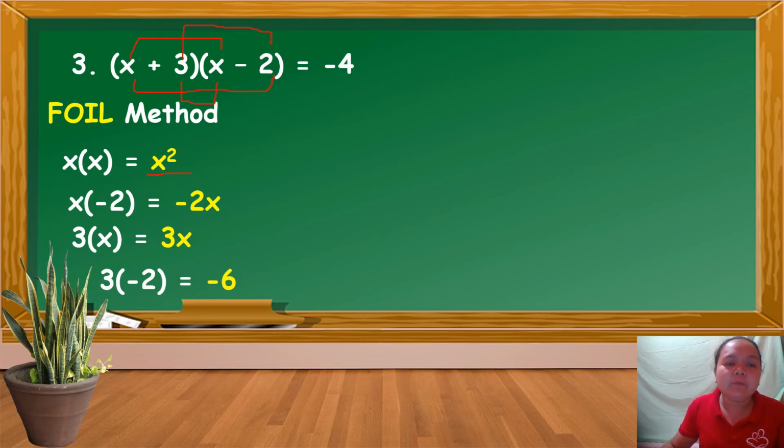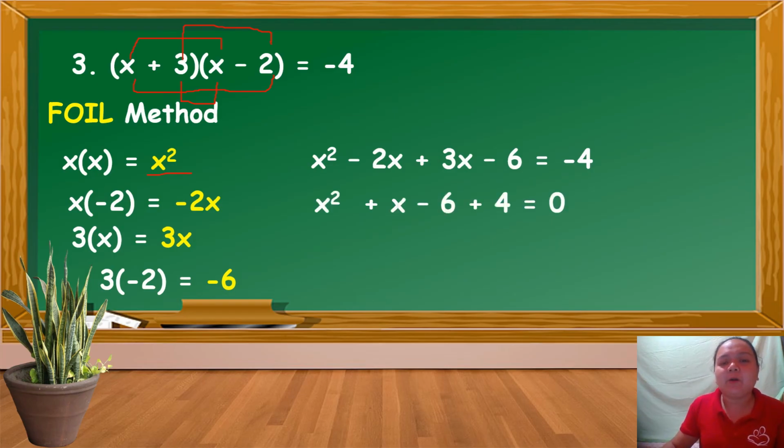Then we are going to combine this. Si x squared, si negative 2x, si 3x, and si negative 6. And we have this equation. So then we're going to combine negative 2x and 3x. So maging positive x na lang siya, because negative 2 plus 3, that is equal to 1, positive 1x. Then copy negative 6, transpose negative 4 to the other side.